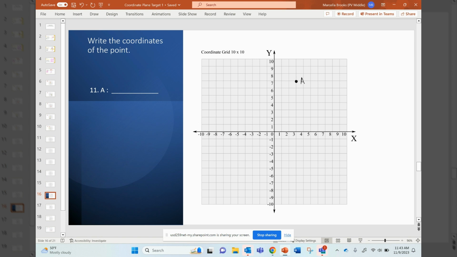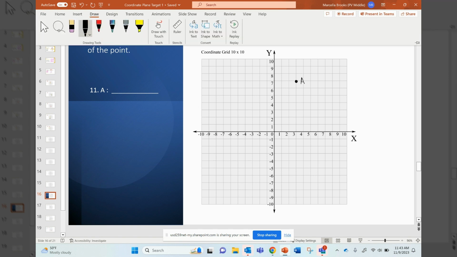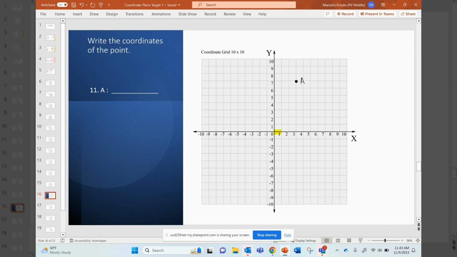And now, once you did those, 6, 7, 8, 9, and 10, we're going to reverse it. We're going to look at a point and see if we can say what the coordinates are. So this point is right, I'm going to use a different color.